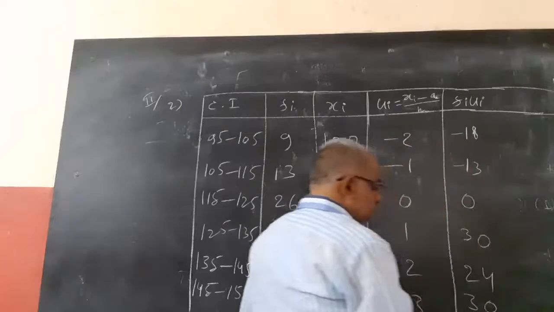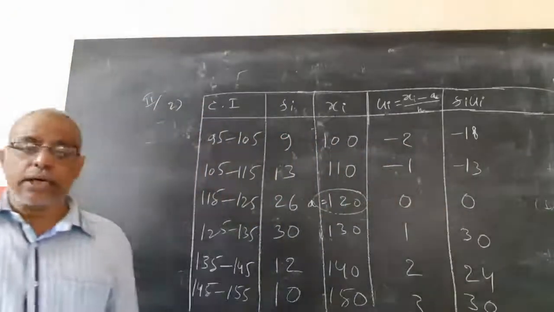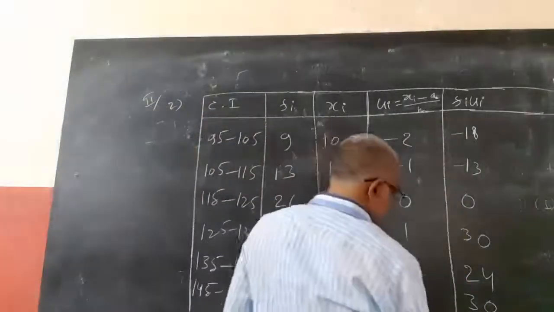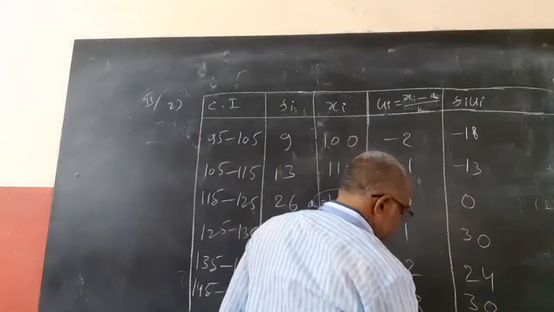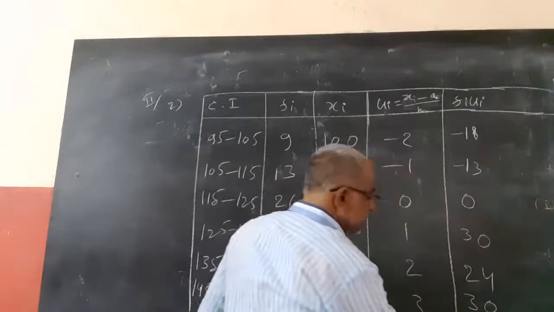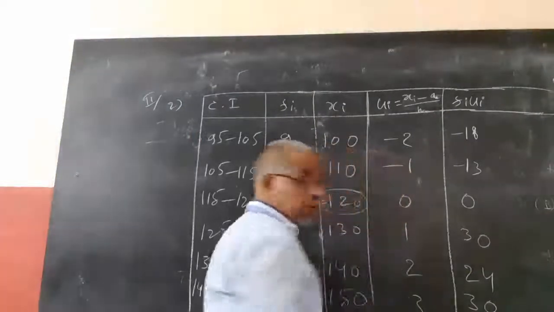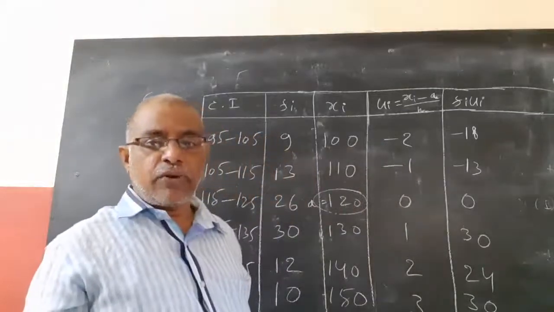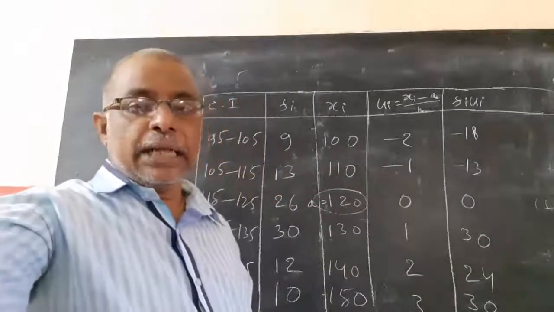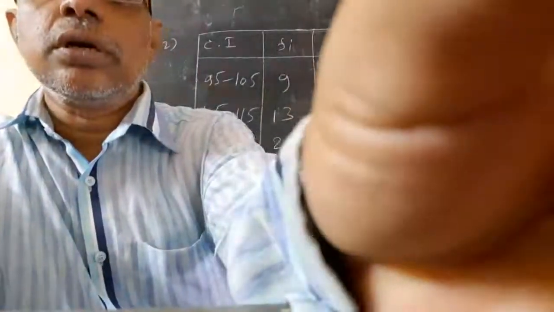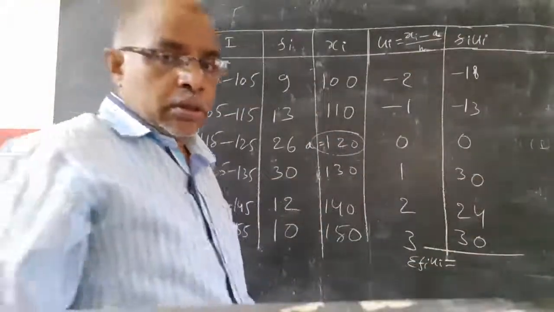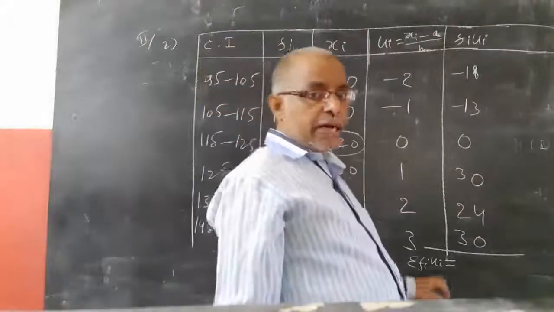Now sigma fi ui you want, so add all these. How much do you get?